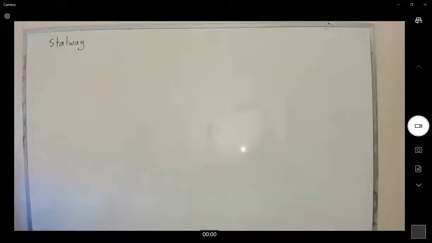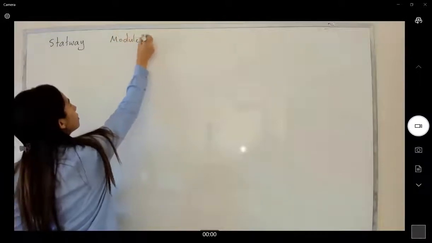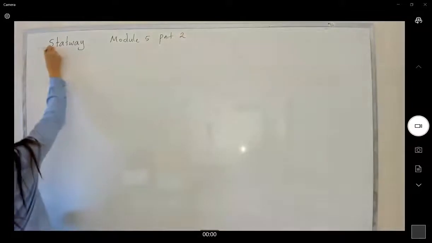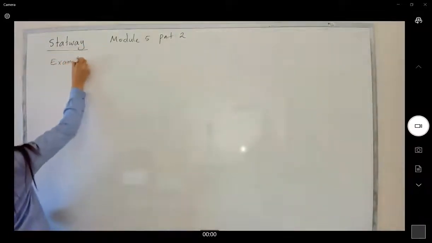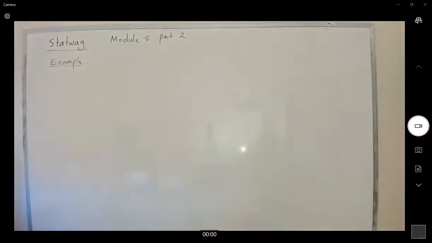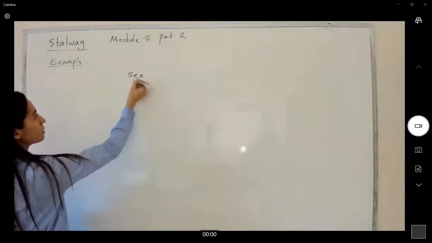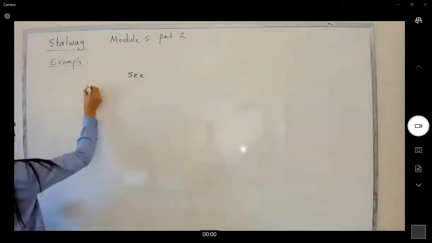So the information given to us for Module 5, Part 2 is as follows. Here you have sex, which is divided into two categories, male and female.